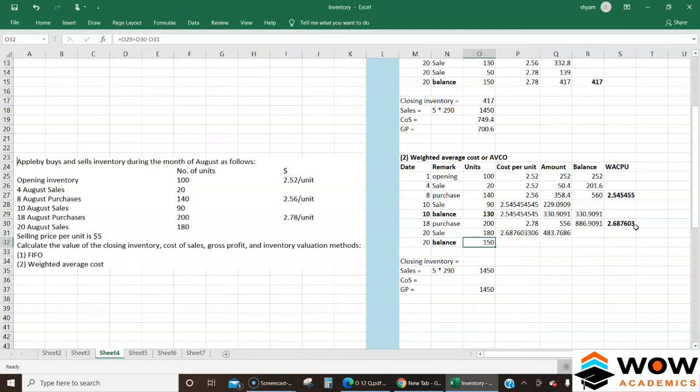So 150 units we have. These 150 units have to be maintained at this value only. So the total value that we still have would be 403. Okay, so 403 is the closing inventory in this sum.